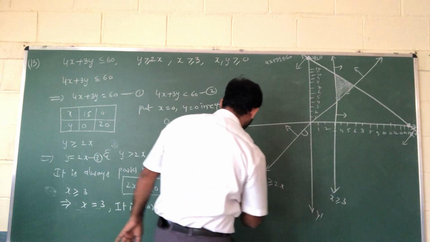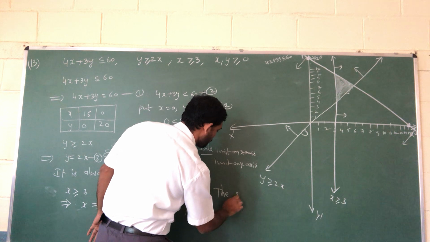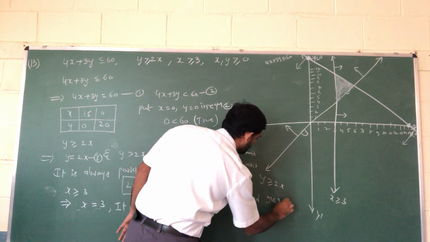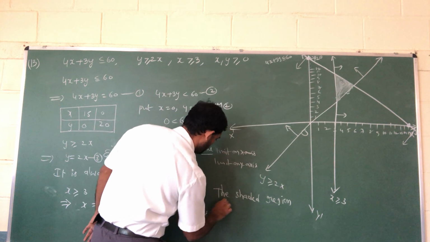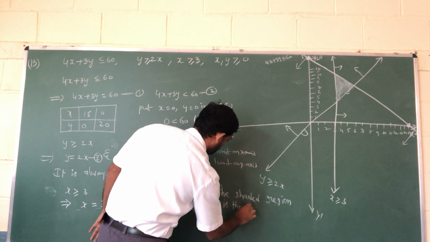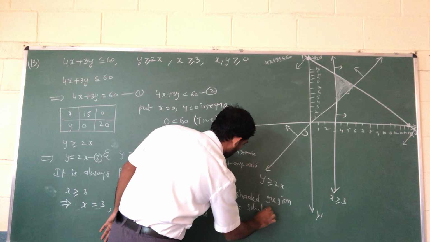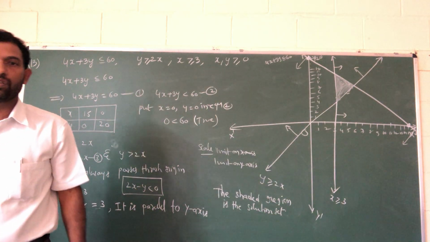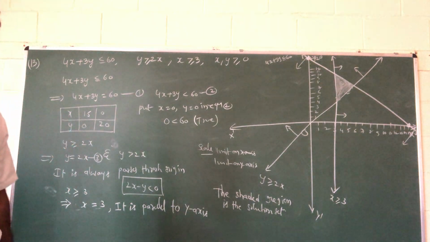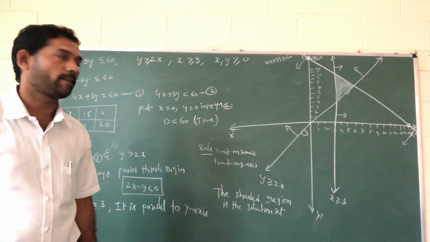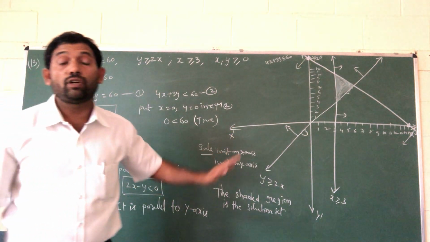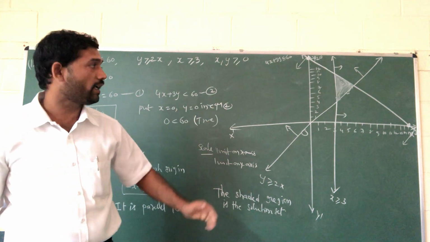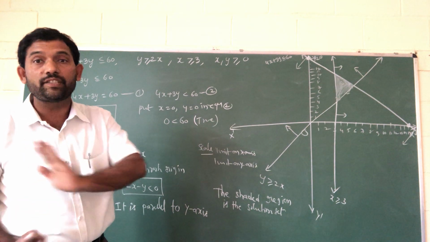So the shaded region is the solution set. Now done fast. The shaded region is the solution set. Okay na? So you should identify very clearly. I am not shading each and every one.